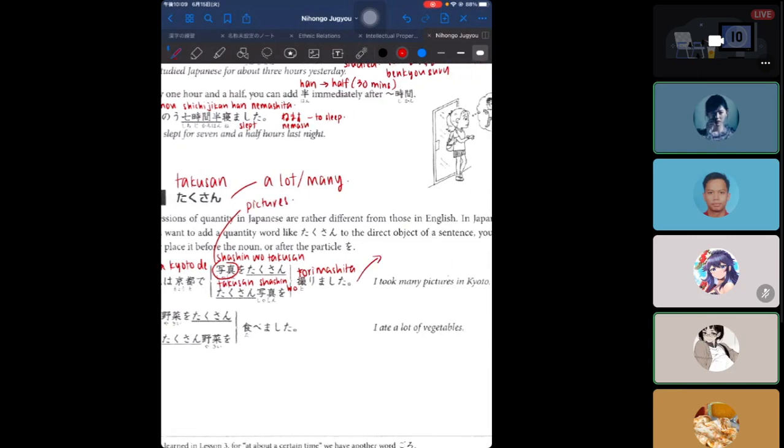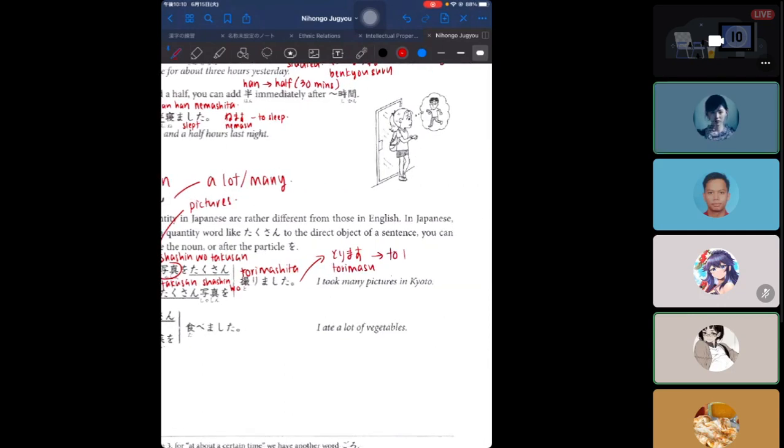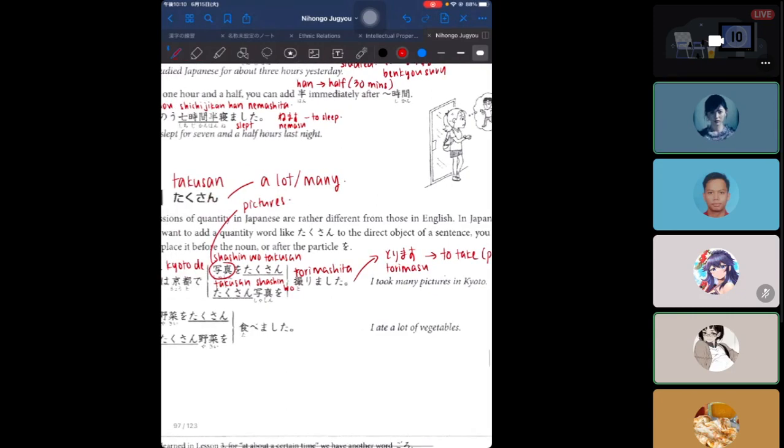The normal present form would be 撮ります, which is to take. 撮りました is the past tense, so in this case, took pictures.